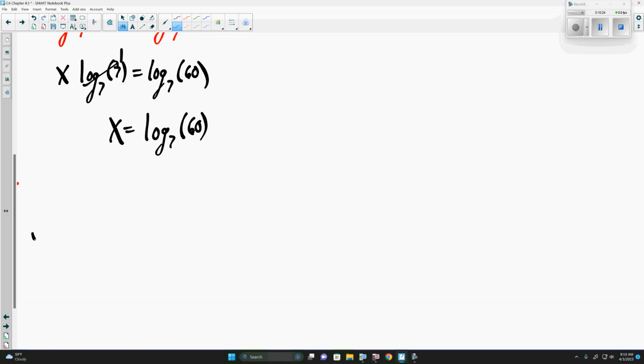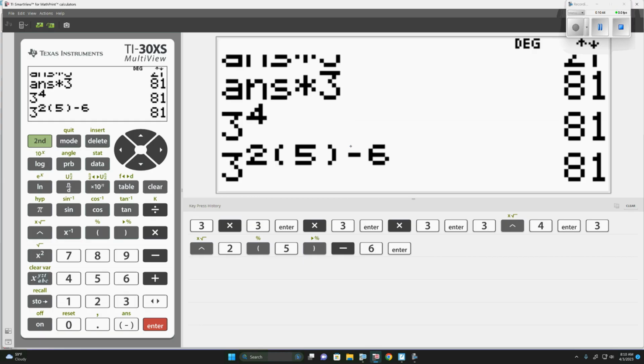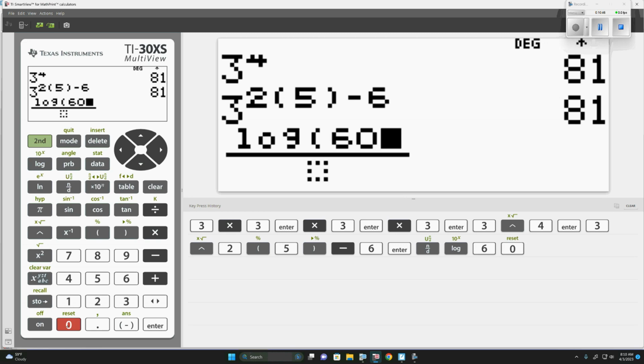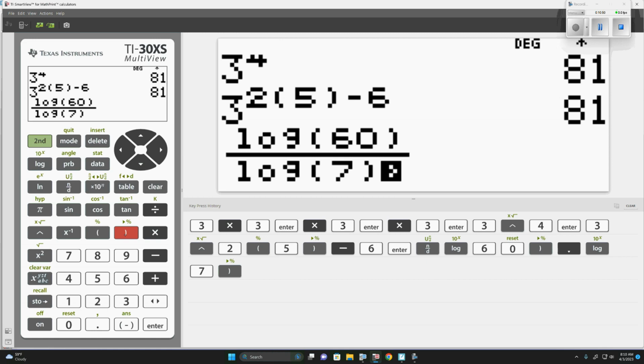Now at this point here, there's two ways to calculate this. One is to do the change of base, because that's really saying that this is the same as log of 60 over log of 7, or ln of 60 over ln of 7. So if I wanted to, I can grab the calculator and say log of 60 over log of 7.